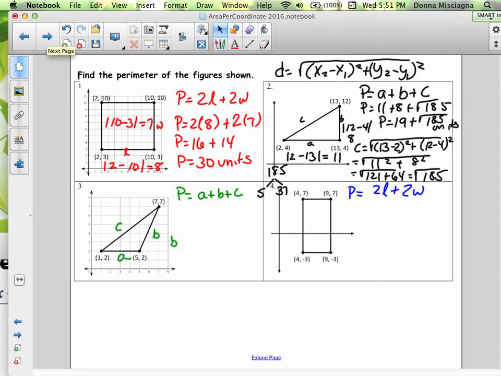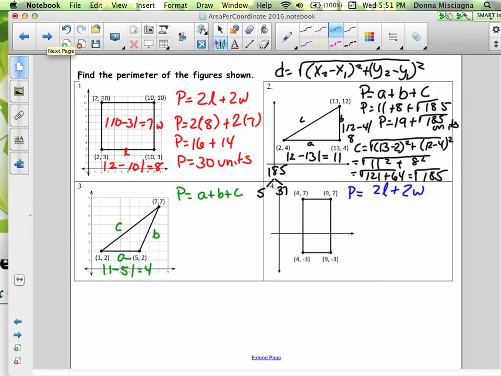All right, let's come down to our triangle here. A is the only side that I don't have to use the distance formula for. It's just the absolute value of the difference between 1 and 5, which is 4.